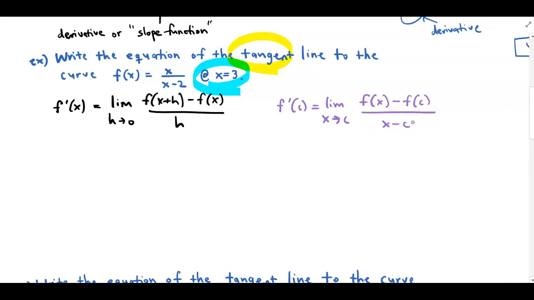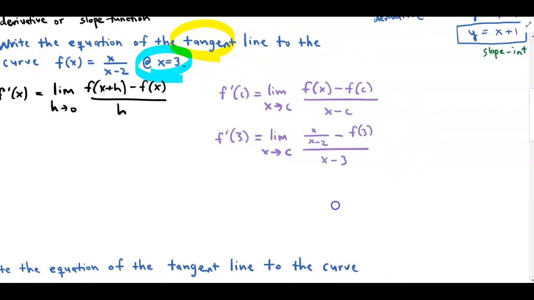In this case, you're given the x value, so you can find the derivative at 3 by using that alternate formula for finding the derivative. F of x is that x over x minus 2. F of c is really f of 3. Now, instead of writing f of 3 there, well, let's write it and then we'll simplify. X minus 3. Now we got to figure out what f of 3 is.